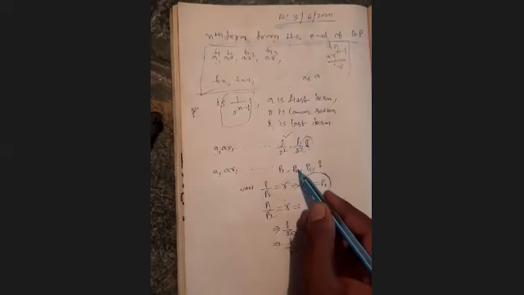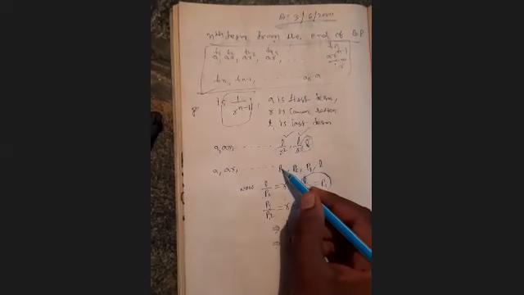What is P2? L by R square. We take L by R square as P2 and L by R as P1, and similarly L by R cube as P3. Like that you will get all terms. Okay?